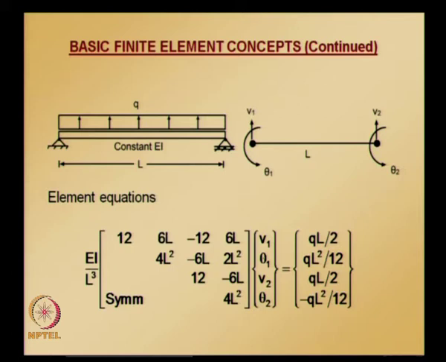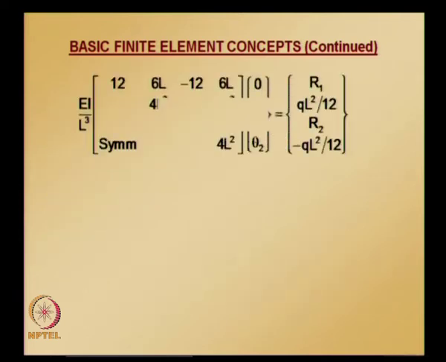So wherever essential boundary conditions are 0, reactions will be developed at those locations, and so we get this equation system substituting V1 equal to 0, V2 equal to 0, and the corresponding locations in the force vector are replaced with reaction R1 and reaction R2.